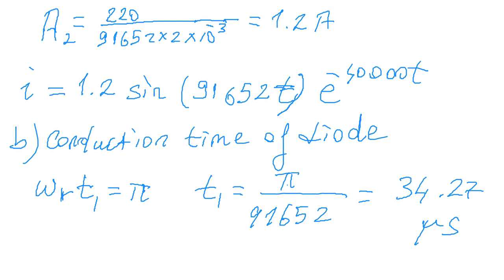Initial value of capacitor voltage is equal to 0, and the inductor current is equal to 0. If switch S1 is closed at time equal 0, determine an expression for the current i(t), and B, conduction time of the diode. Draw a sketch of i(t). Current'ı da çizin diyor. Draw the current. So this one is the conduction time of the diode.